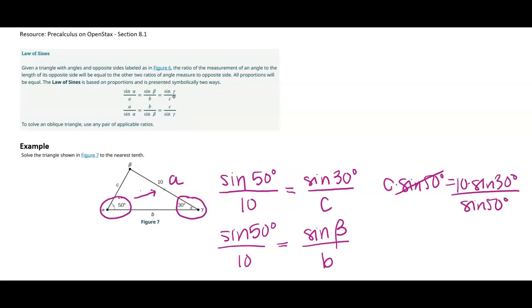We do know the sine of 30 degrees, it's 1/2. So C equals 10 times 1/2 over the sine of 50 degrees, which on my calculator is 0.766. And so we get that C, to the nearest tenth, is 6.5.